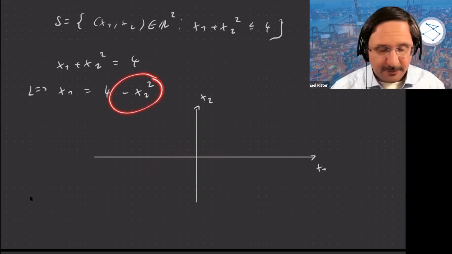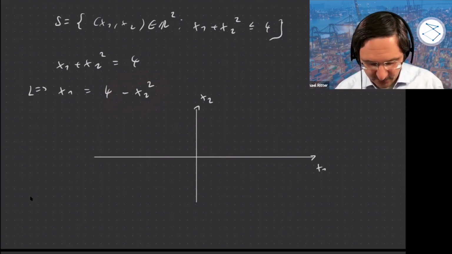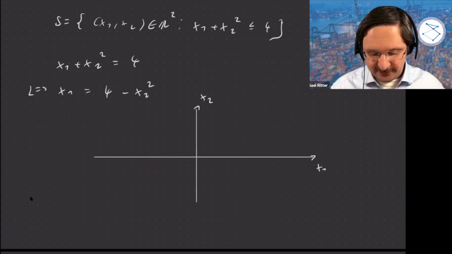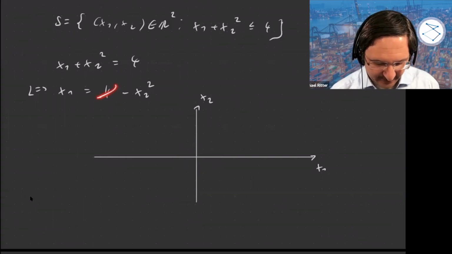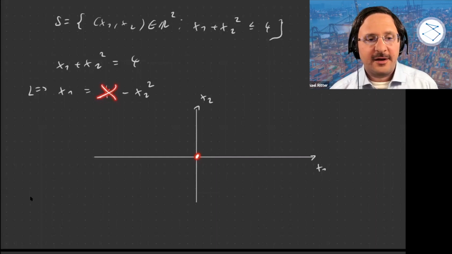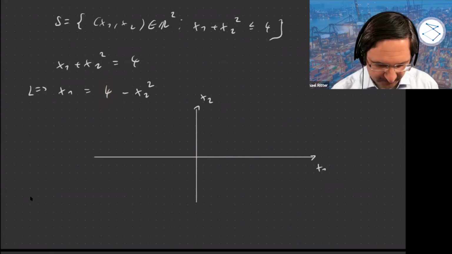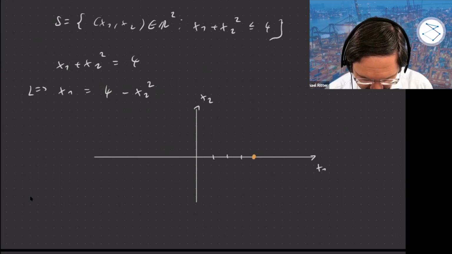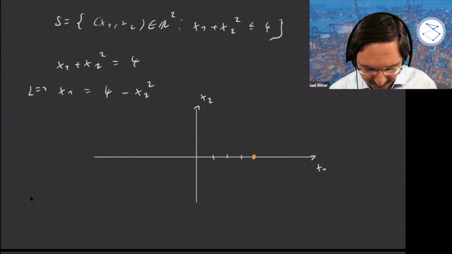This is, again, a parabola that's opened like this. So it opens below. Below means it opens in the direction of negative x1 values, right? And the apex is, well, if you forget about that 4, the apex would be exactly here at the origin. And now it's shifted by +4 in x1 direction. So let's see where that point is. 1, 2, 3, 4. That's here. So that is the apex of our parabola.